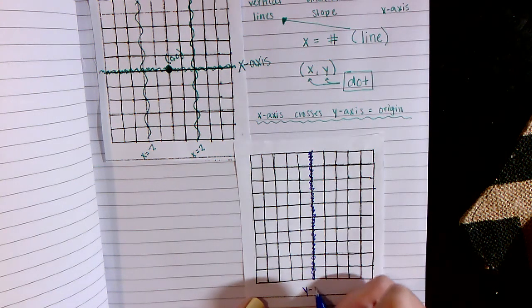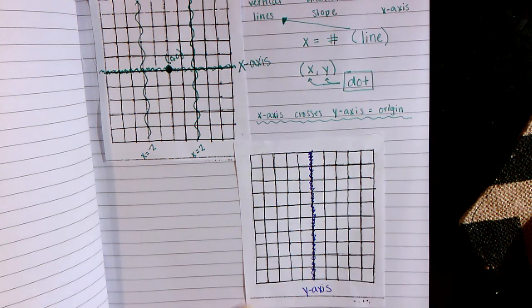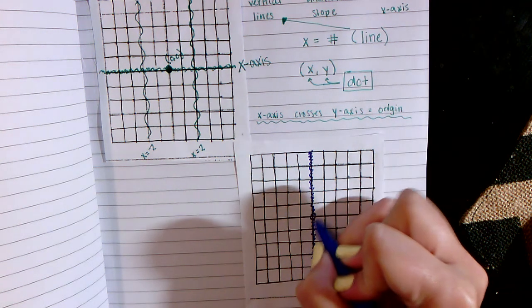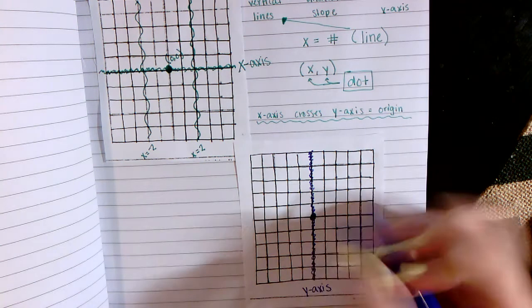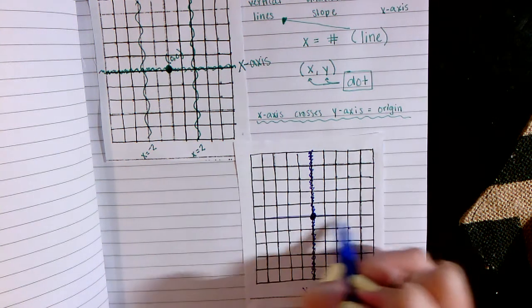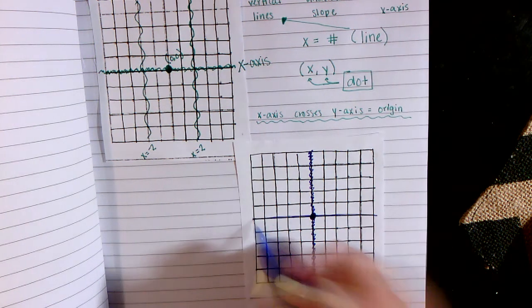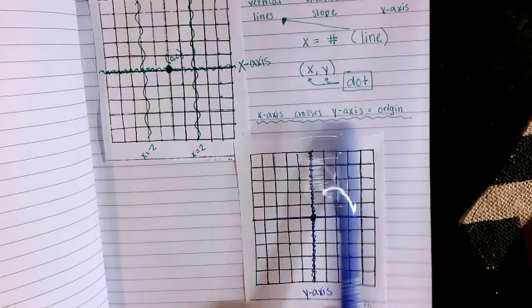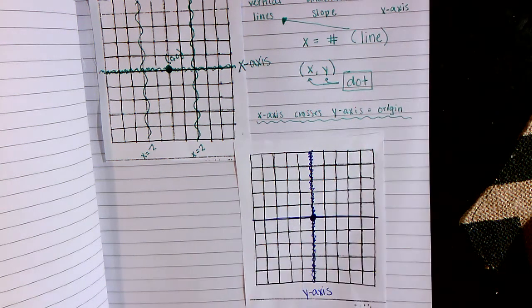So this is the y-axis. Okay? And we can say right here is the middle. So that's where the x-axis would cross the y-axis. Right? That's what we just set up here. When the x-axis and the y-axis cross, that middle dot is your origin.